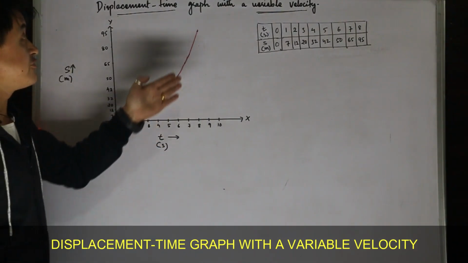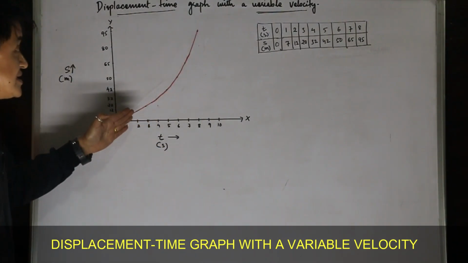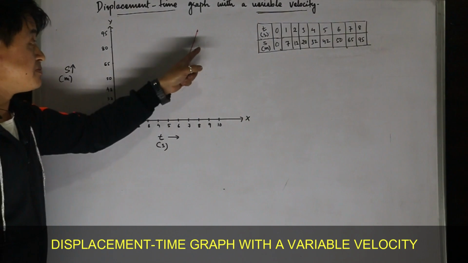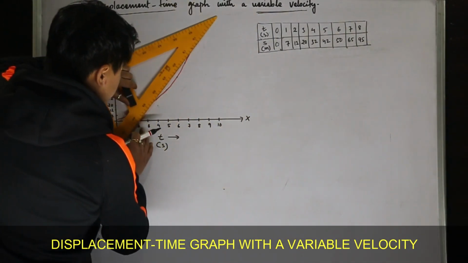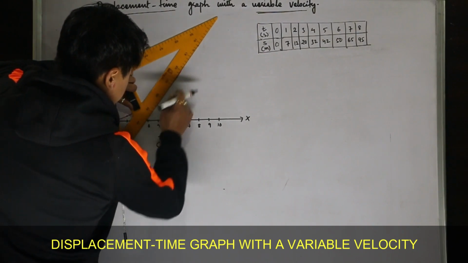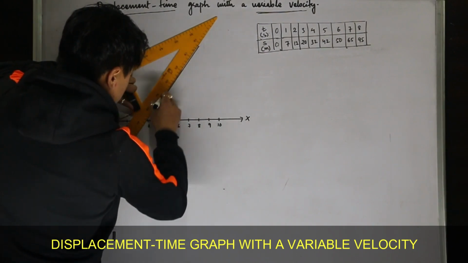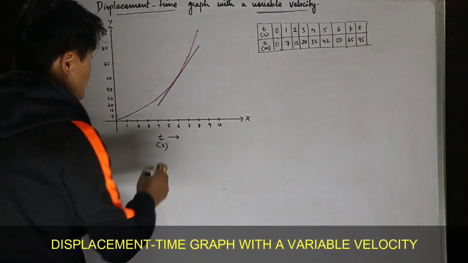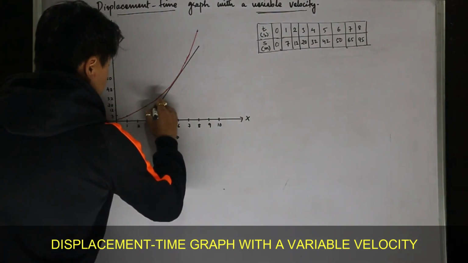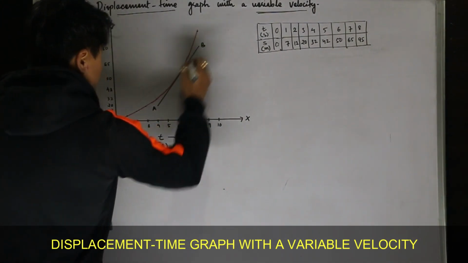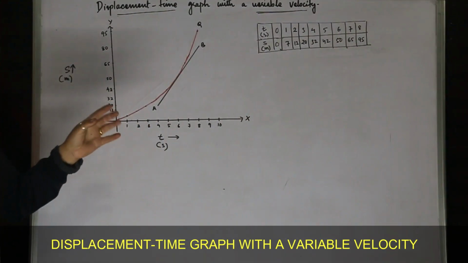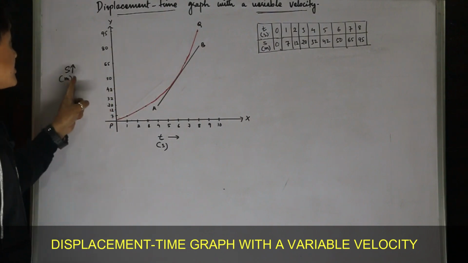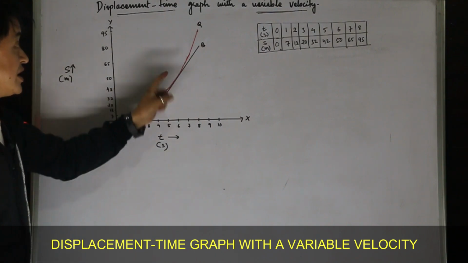If you have to know the velocity of a body at any instant, that will be given by the tangent. First we'll draw a tangent here at any point. Let's draw a tangent AB, and here PQ is a curve which represents variable velocity for a displacement time graph.